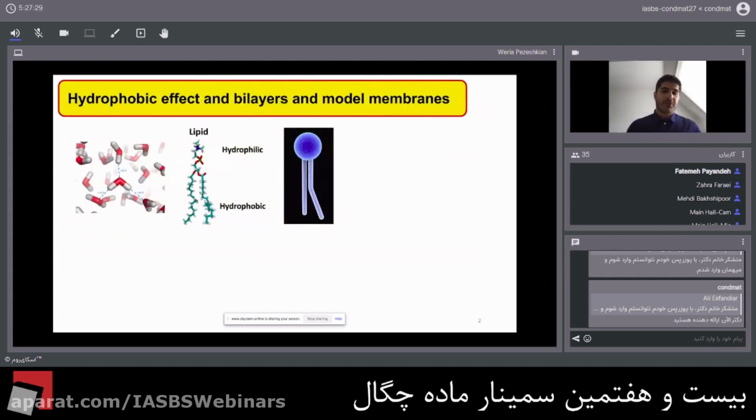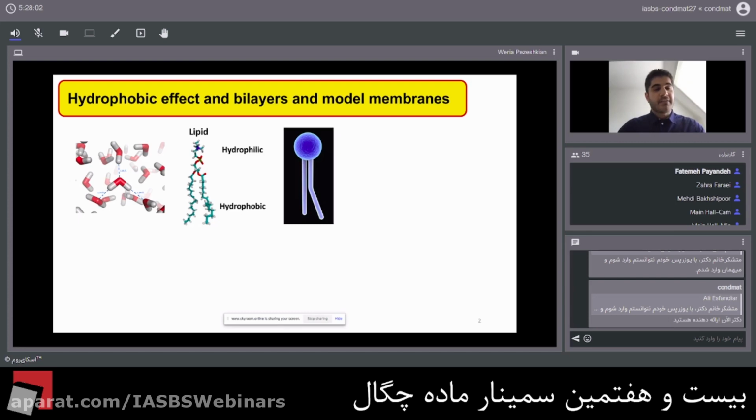Okay, before going any further, I think the concept of the hydrophobic effect should be clarified because it is everywhere in biological systems. In a nutshell, you can say some molecules or a part of a molecule just hate water. In opposite to this effect, you have the hydrophilic effect, which is eventually the one that likes water.